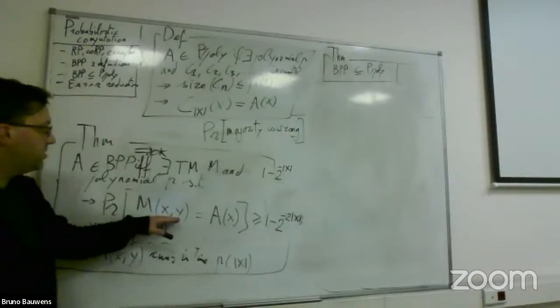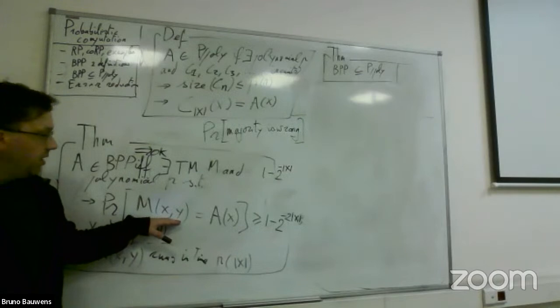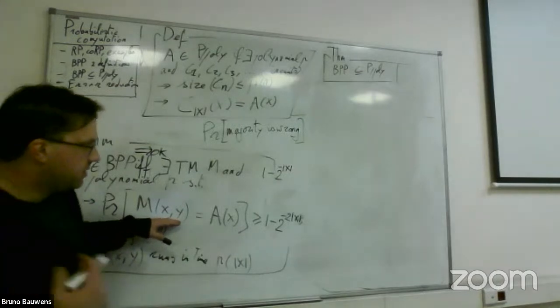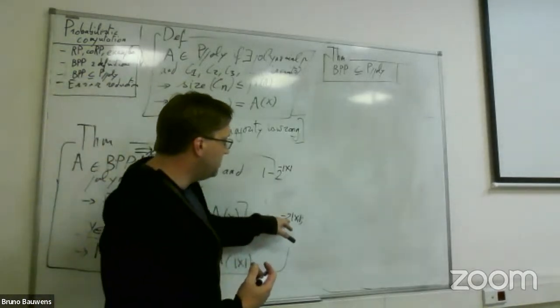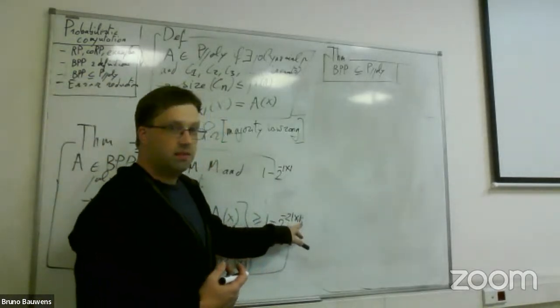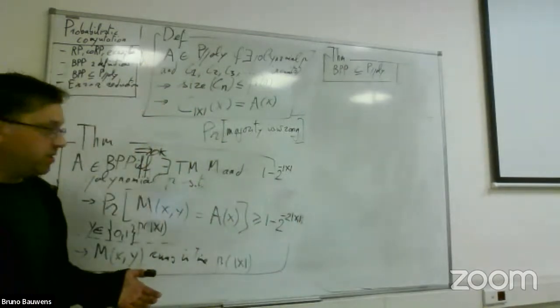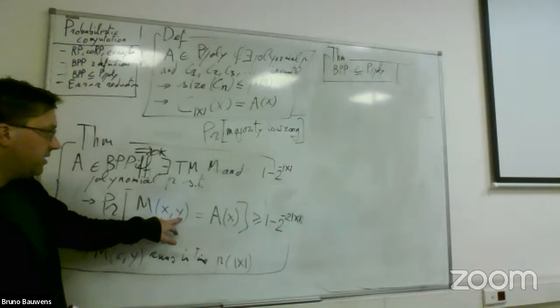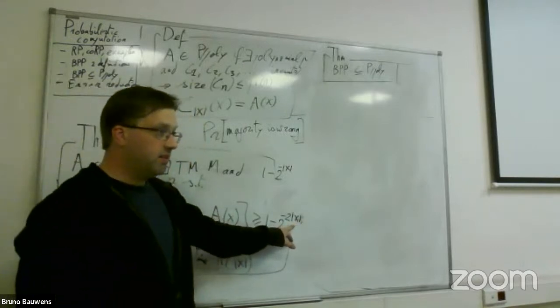So a circuit has to be correct for 2 to the power length of x inputs, but it only fails for a given input with probability 2 to the power minus 2 length of x. So if we apply the union bound, we know that there exists a y that is correct for all the inputs of the given length.